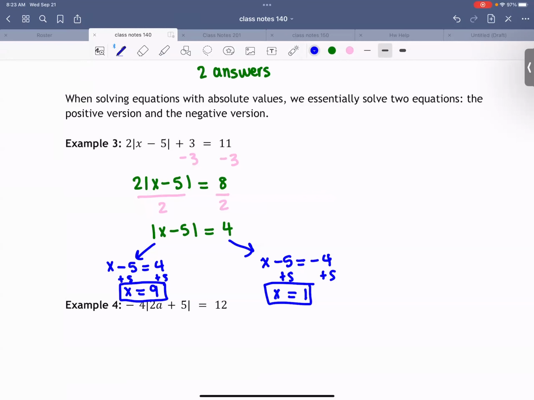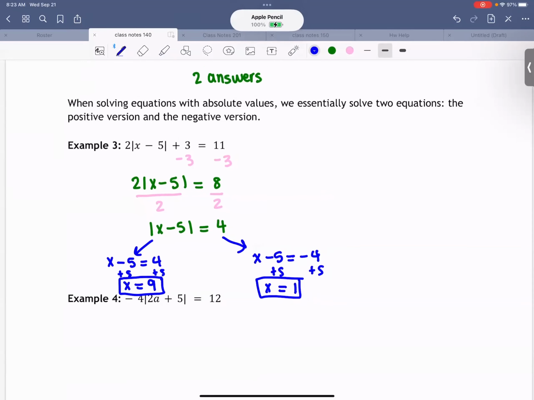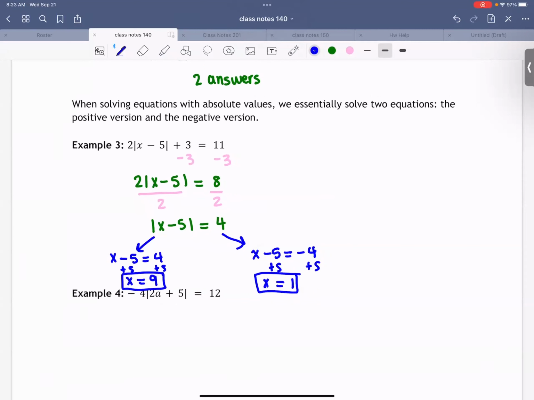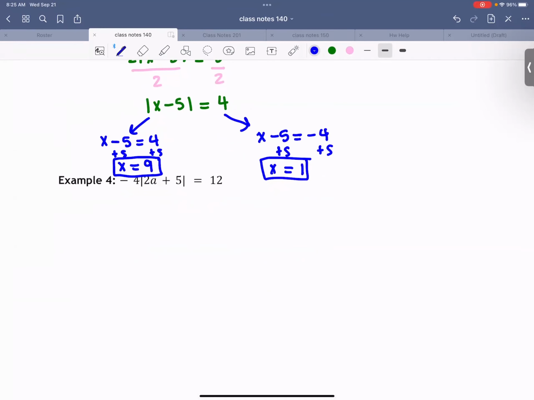Awesome. All right, so try example 4. You can try splitting up the equation, but make sure you get that absolute value symbol by itself first. So we have -4 times the absolute value of 2a plus 5 equals 12. My suggestion to you is whenever you see an absolute value symbol, make sure you try to get it on one side of the equation by itself. So the -4 is kind of messing it up.